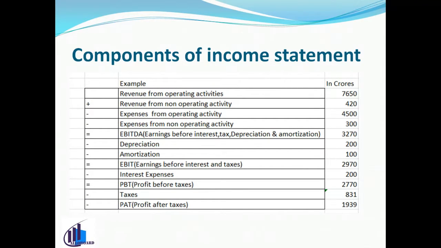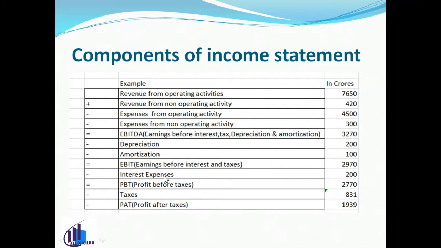Example of this, let's say ACS have got a revenue of 7650 crores in the previous accounting period, and they have got a revenue from non-operating activity like selling of land of 420 crores. Expenses, operating and non-operating, is 4500 crores. The EBITDA would be around 3270 crores, and they subtract amortization and depreciation from the EBITDA.